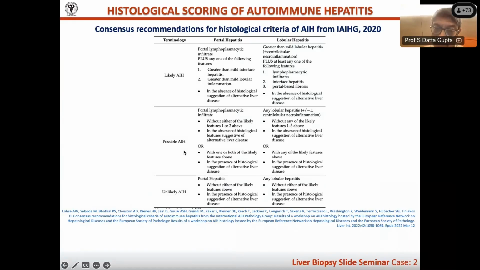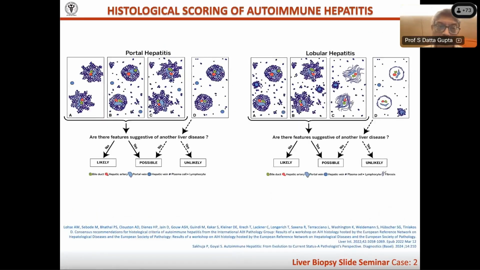But please remember, all these are correlated with serology. If you find portal hepatitis without any of these features, no plasma cells, not much interface hepatitis, or you find some other cause for it, they have taken drugs or whatever, or viral hepatitis markers are positive, then you think it is unlikely AIH. So this is the latest histological criteria.